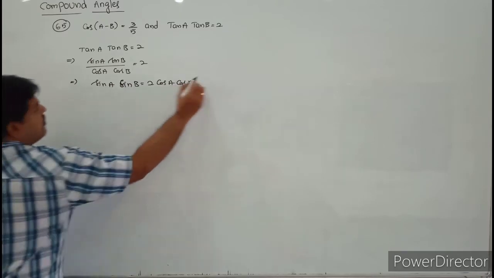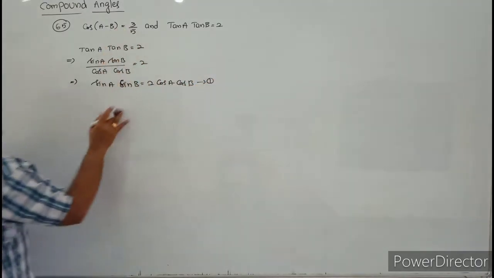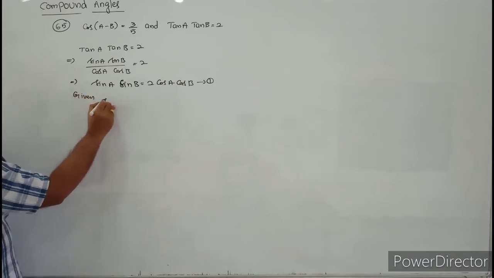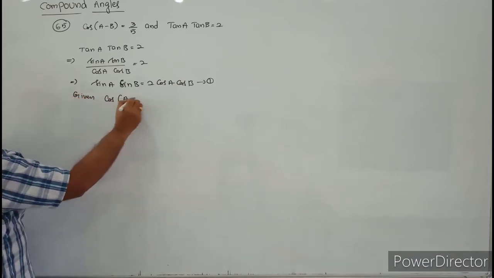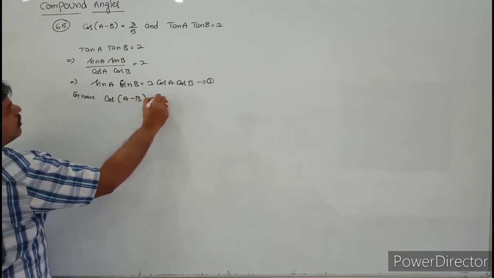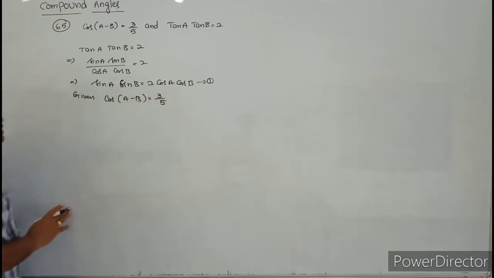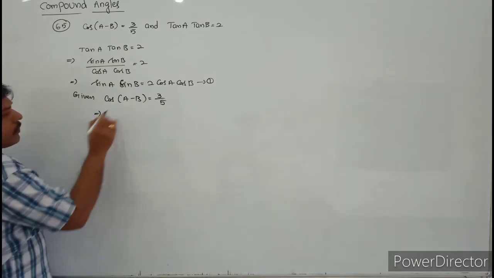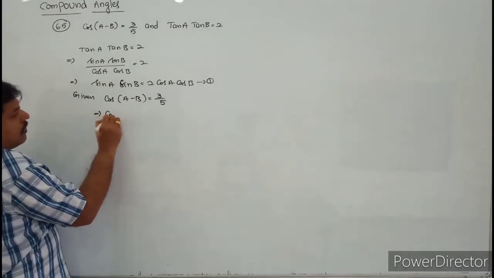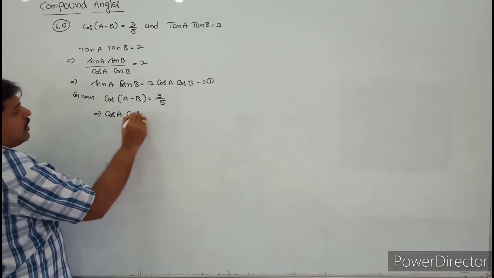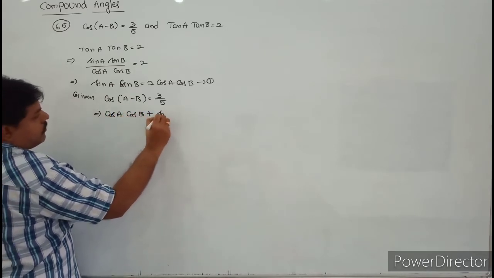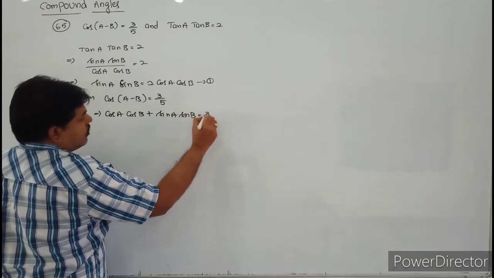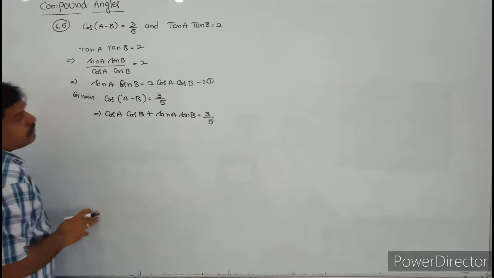Take this as the first equation, and from the given, one more condition. What is that? Cos of A minus B is equal to 3 by 5. That implies cos A cos B plus sin A sin B is equal to 3 by 5.